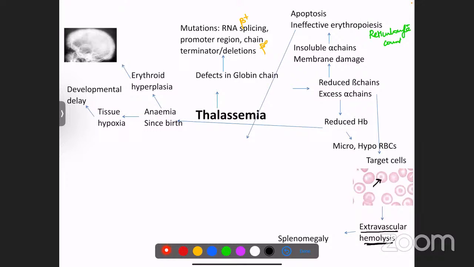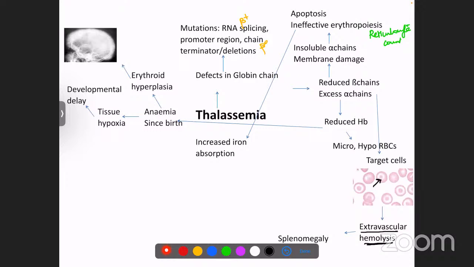Also, because of ineffective erythropoiesis inside the bone marrow, what will happen? It needs more nutrients because there is a massive erythroid hyperplasia. Despite doing a good work, I'm not seeing the results, so I'm increasing the workload 20, 30 times more. So whatever iron is taken, all this iron is increasingly getting absorbed.